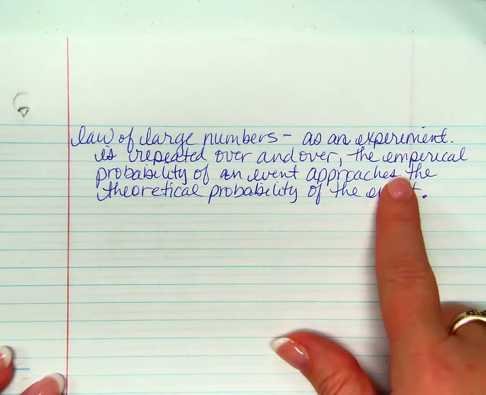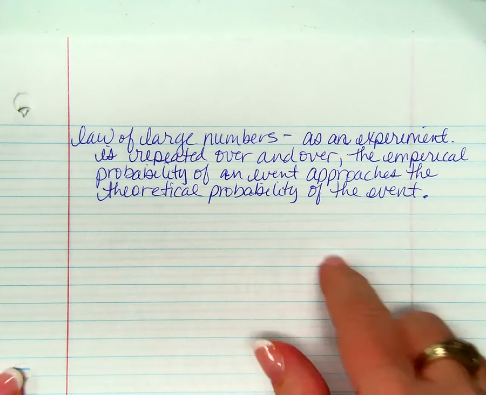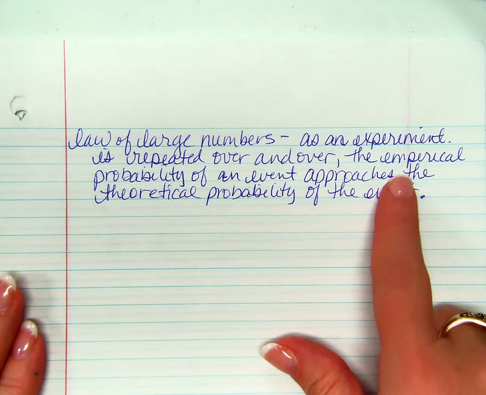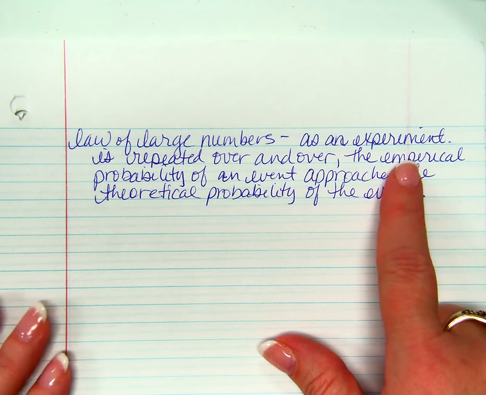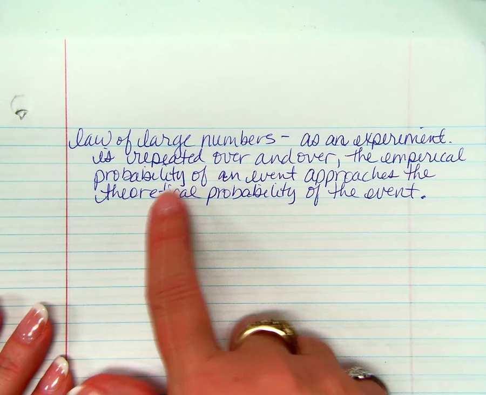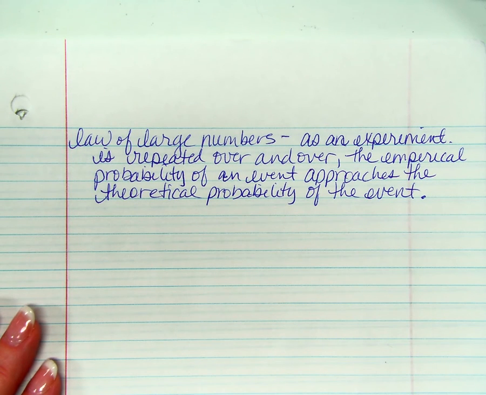But what is the theoretical probability that I'll get a 4? 1 out of 6. As I roll and roll a die, recording every time what I get, the more I do that, the closer and closer my empirical probability will get to 1/6, which is my theoretical probability. Does that make sense?